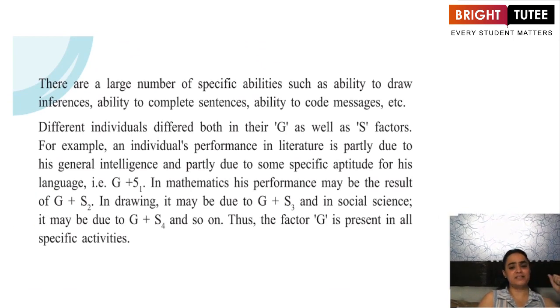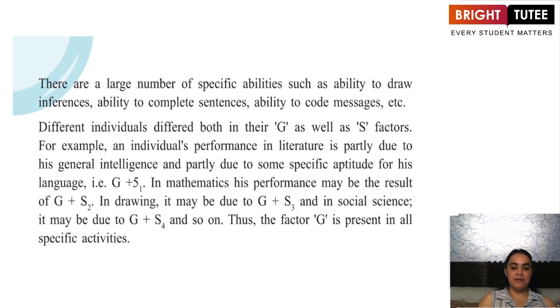If there was a person who performed very well in literature because he was interested in it by birth, maybe his parents are both poets or literary artists, and because he inherited some specific aptitude for literature, his intelligence is going to be the sum, the addition of both his general factor as well as his specific factor.